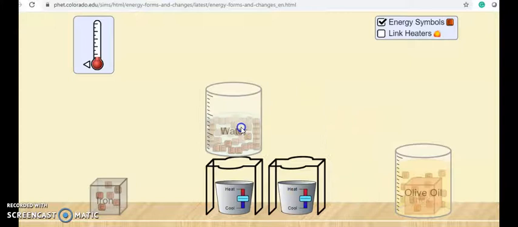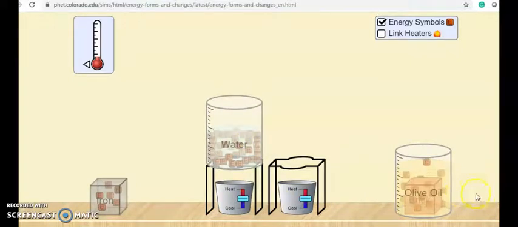Another example, if we put the water and we heat the water, you can see the water takes the energy, the thermal energy, from the heat as you see right now. So the thermal energy right now transfers with the water vapor as you see in this experiment.